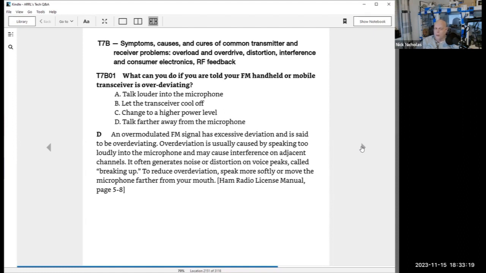The proper way to make sure of all this is to put it on a scope and a spectrum analyzer or a standard deviation meter and precision adjust it. But generally, you just back off on the microphone a little bit or talk a little softer. What's happening is your voice is so loud and your audio is so domineering that it's pushing the bandwidth of your signal outside of the receiver's range at the other station.